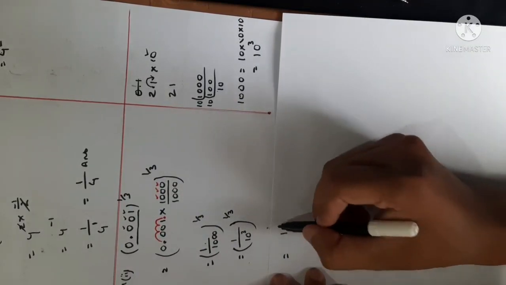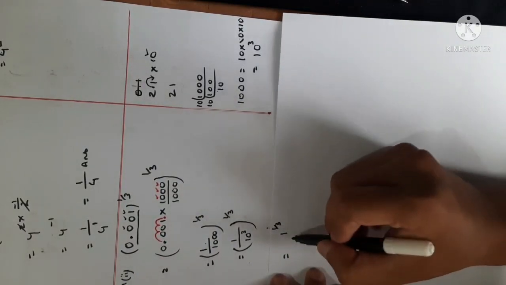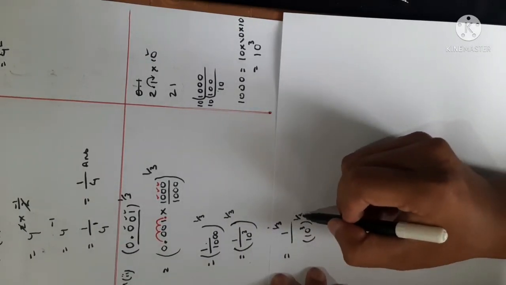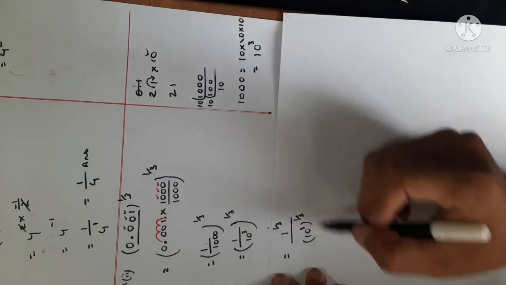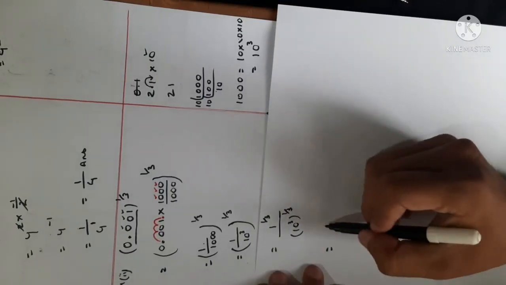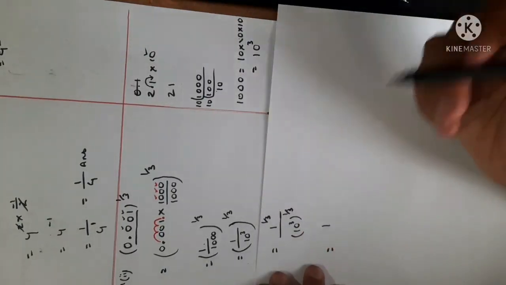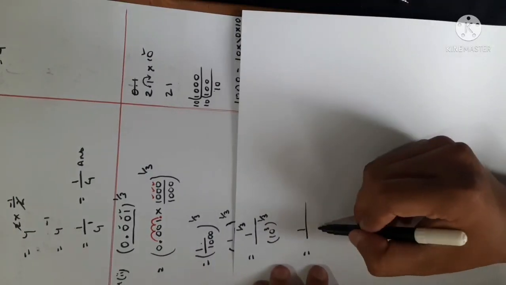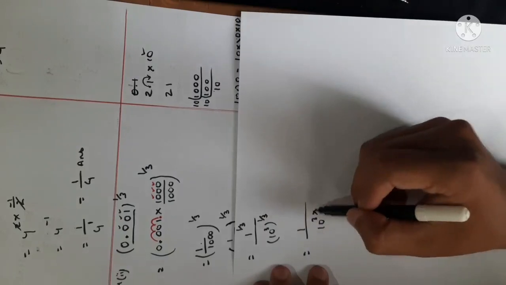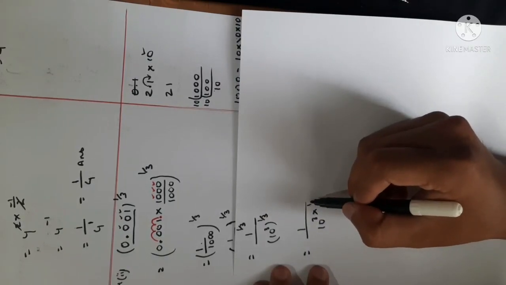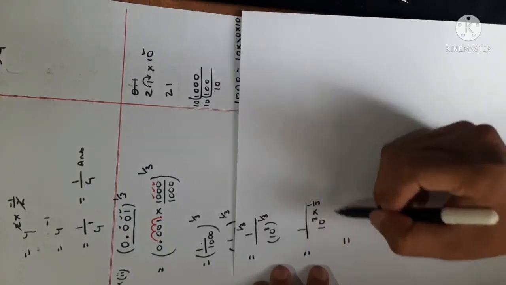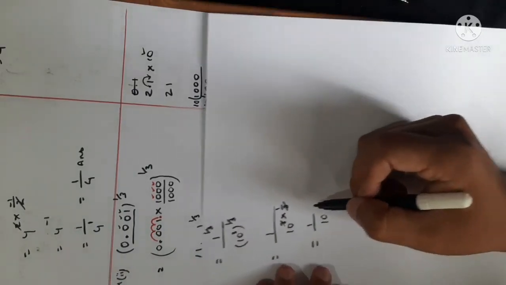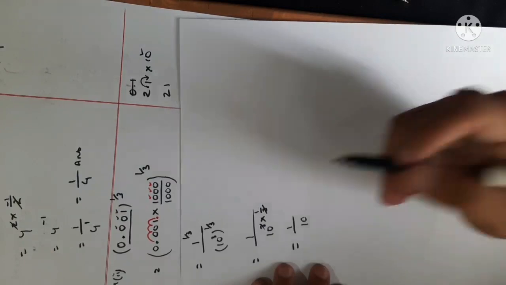So it becomes 1 to the power 1 by 3 and 10 to the power 3 times 1 by 3. And 1 raised to the power of anything will always be equal to 1. And 10 to the power 3, open up the bracket, multiply 1 by 3. So 3 and 3 get cancelled. We have 1 by 10.